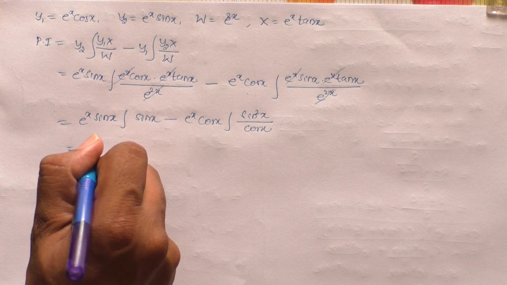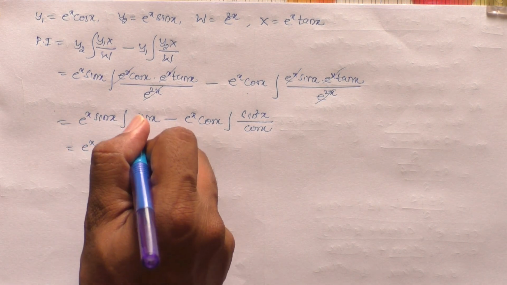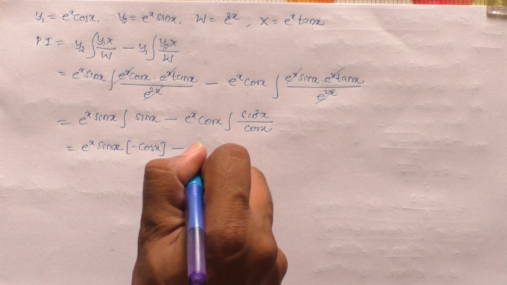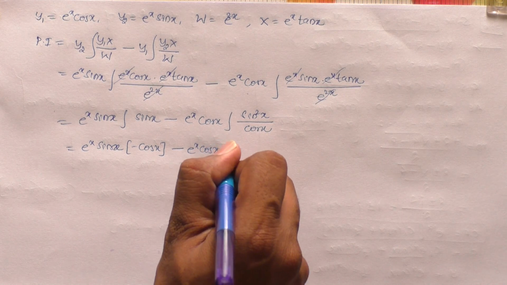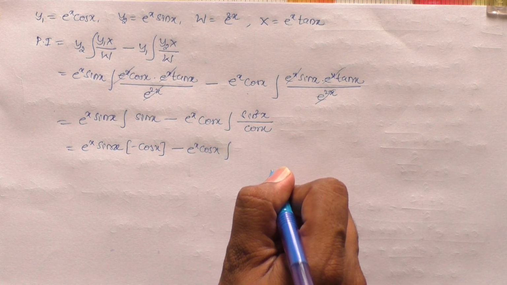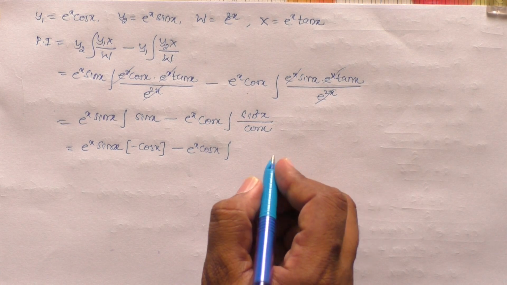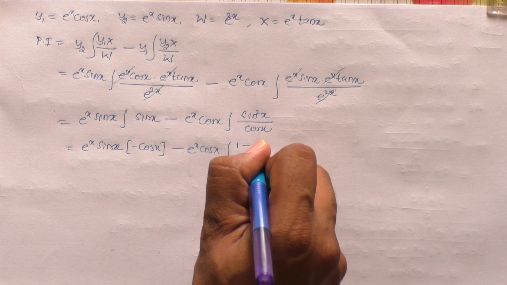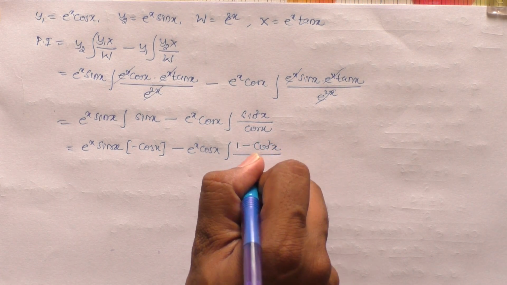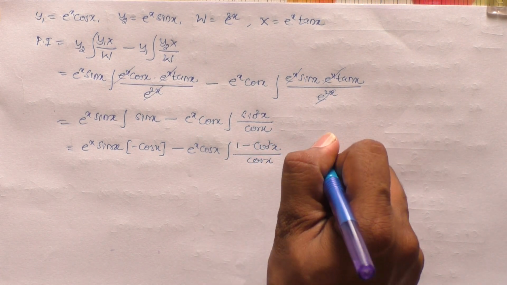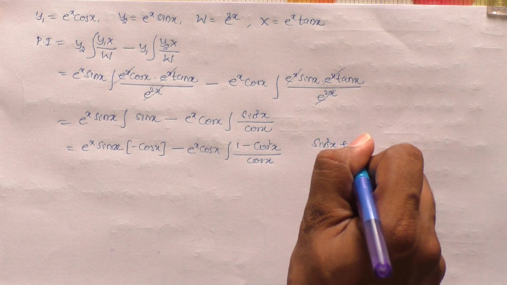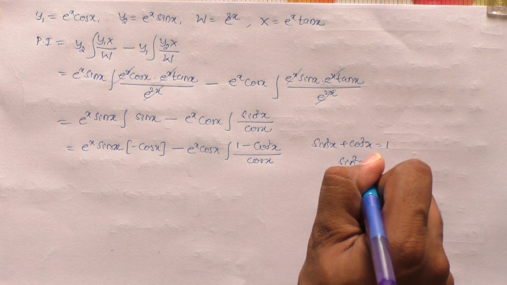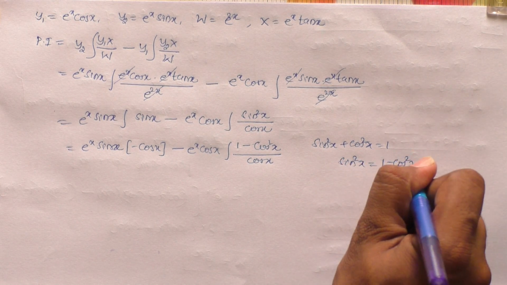Now e raised to x sin x, the integration of sin is minus cos x, minus e raised to x into cos x, integration of sin square by cos. So we don't have any direct result. What you can do is write sin square x as 1 minus cos square x divided by cos x, because sin square x plus cos square x is 1.